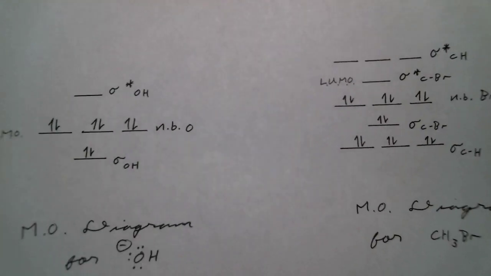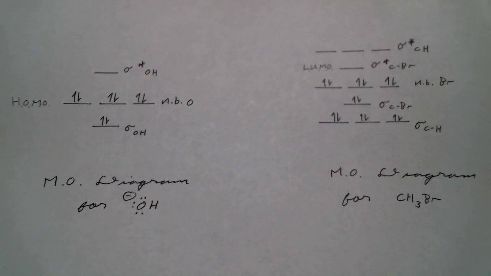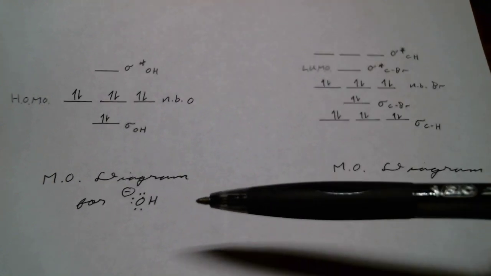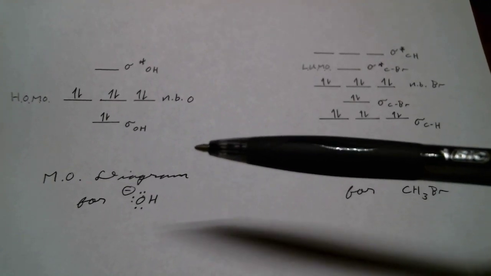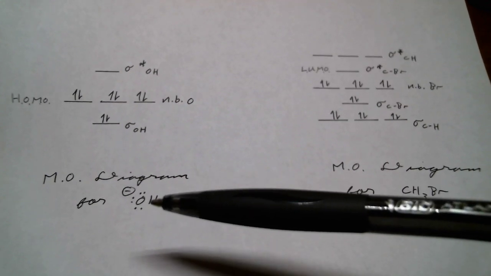So, one last page to consider, and let's look at the molecular orbitals, because I did promise that we would consider the molecular orbitals involved in this. And so here we have a molecular orbital diagram for hydroxide. We notice that there are 3 lone pairs on oxygen.